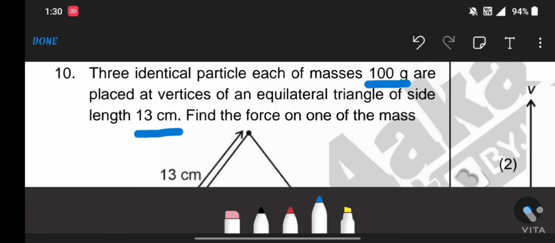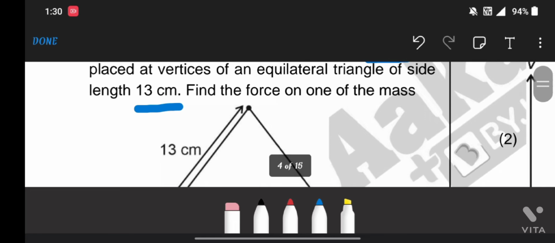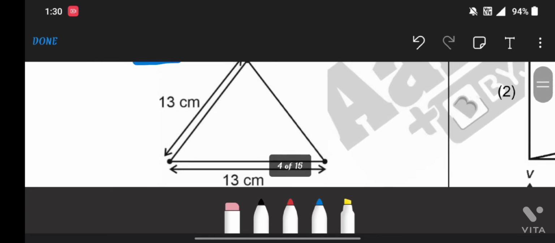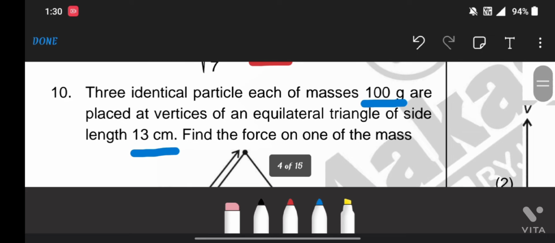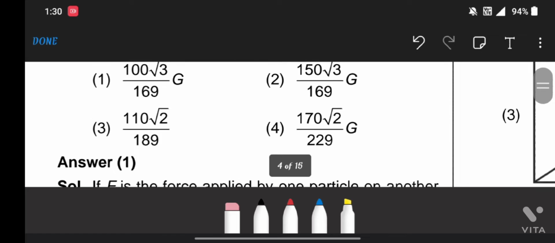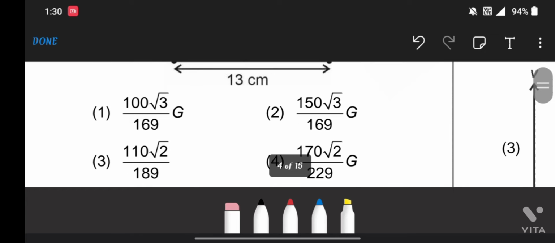We have to find the force on one of the masses. So the options are: 100 root 3 by 169g, 150 root 3 by 169g, 110 root 2 by 189, and 170 root 2 by 229g.